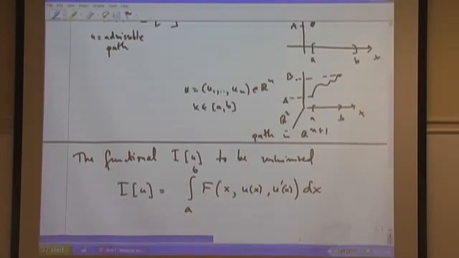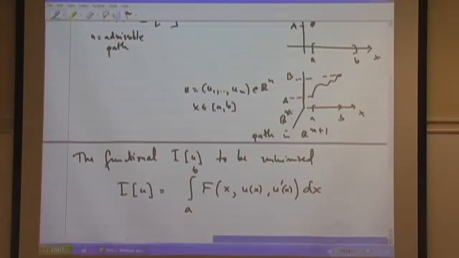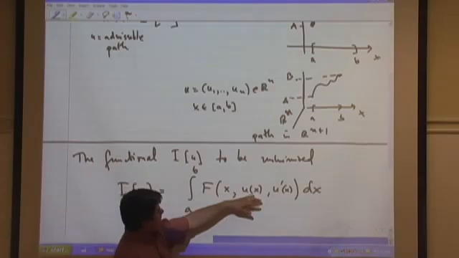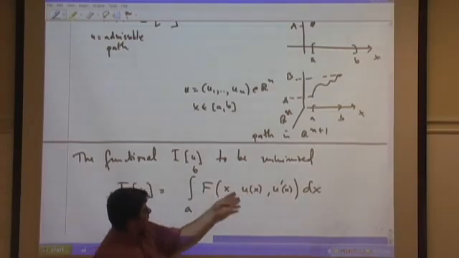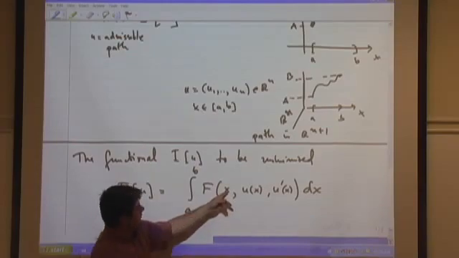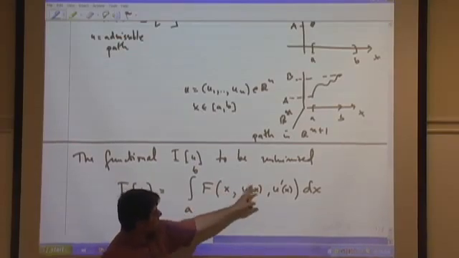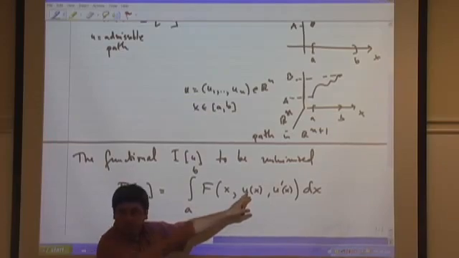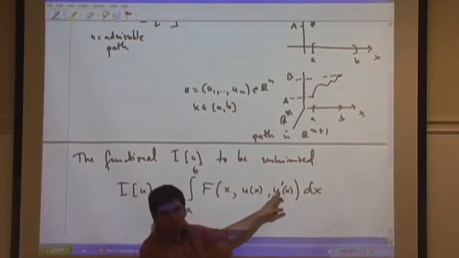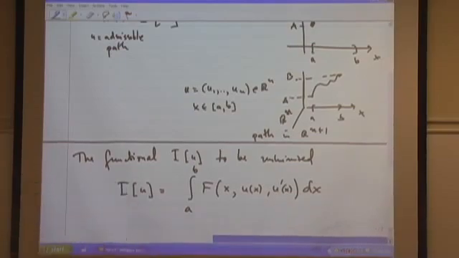But if you think of u as a real trajectory in Rn, maybe I should put the Rn here instead of R2, then this is probably one of the most physically relevant situations, where the integrand may depend on the time explicitly, it may depend on the location of that path, right? It may depend on the speed of that path, right?